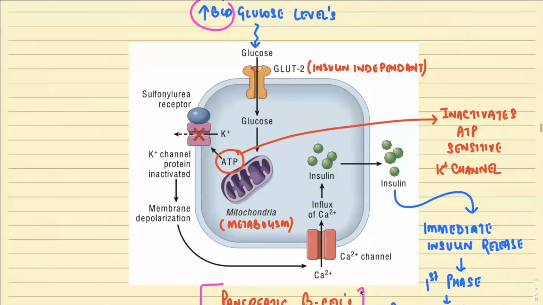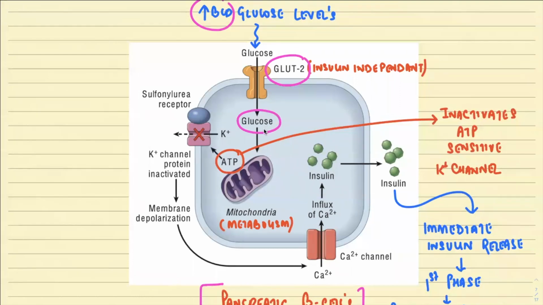Whenever the blood glucose levels increase, glucose is going to go inside the pancreatic beta cell by means of a transporter called the GLUT2 transporter, which is an insulin independent transporter. It doesn't require insulin for its function. So this glucose now enters the pancreatic beta cell.